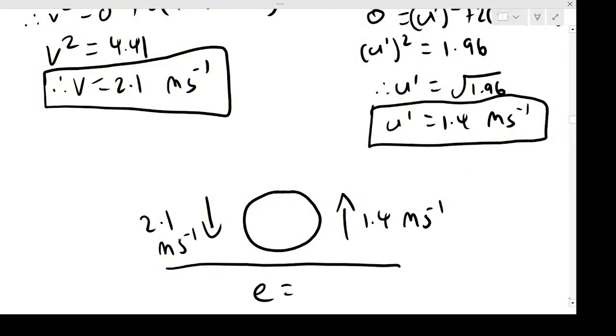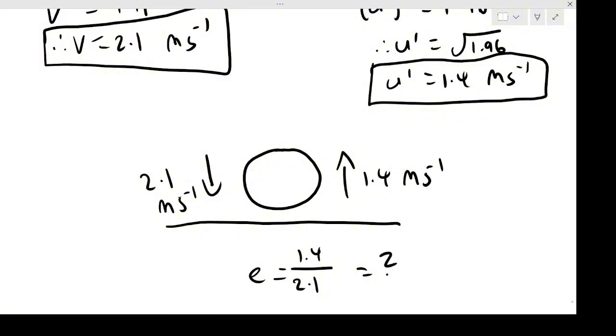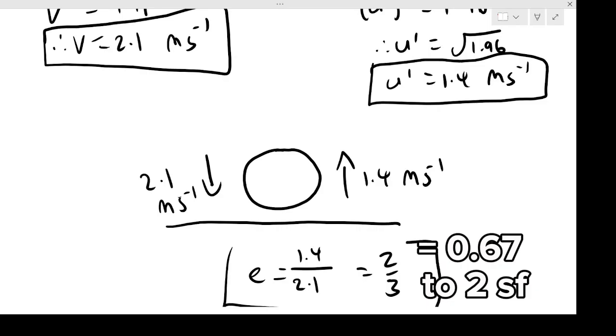So E in this case is going to be the final speed, which is 1.4, so that's afterwards, divided by 2.1. So that simplifies to 2/3. And so that is my coefficient of restitution then.